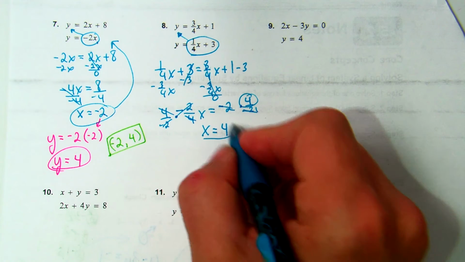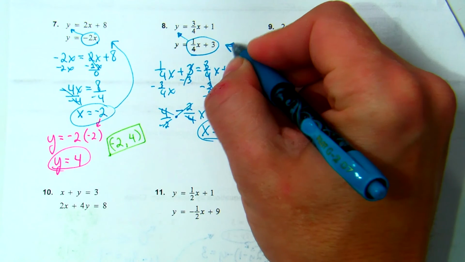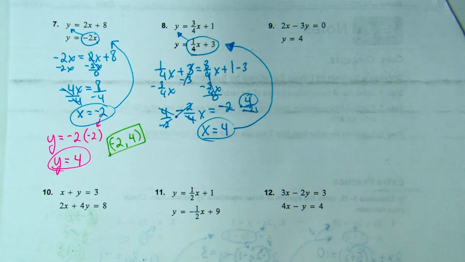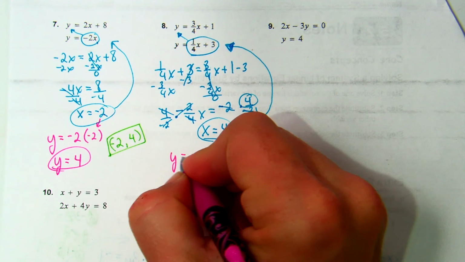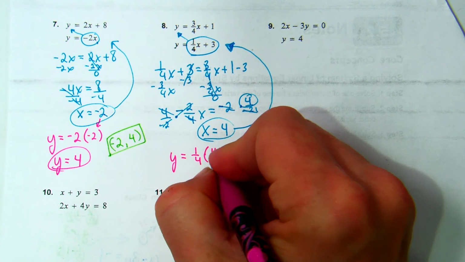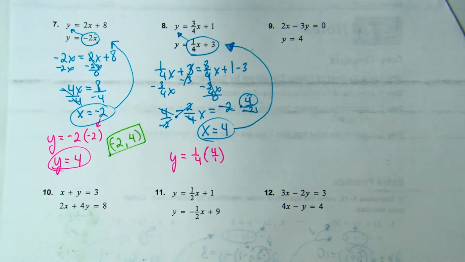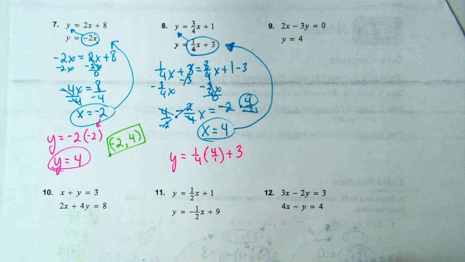Alright, I can take that 4 value, plug it back into either one of them. I'm just going to plug it into the bottom one, and we should be able to get our answer fairly quickly. Y is going to equal 1/4 times 4, and I'm going to put it over 1 so it makes it easier to see, but that 4 is the same thing as 4 over 1. 1/4 times 4 over 1. Then we're going to add to that a positive 3.